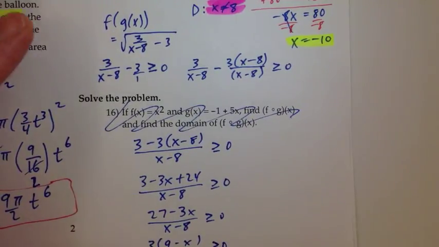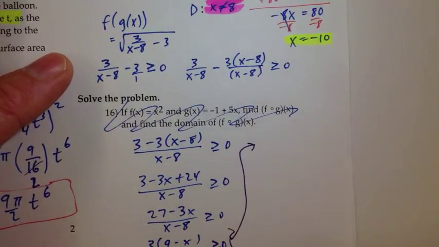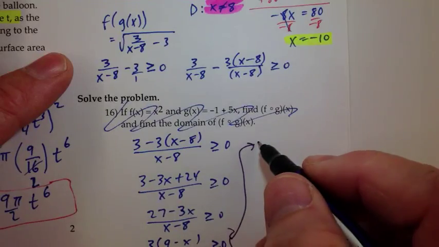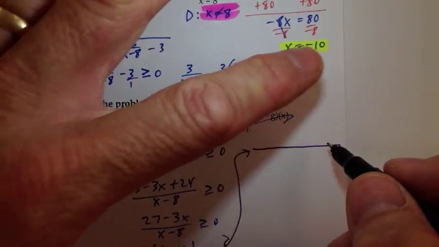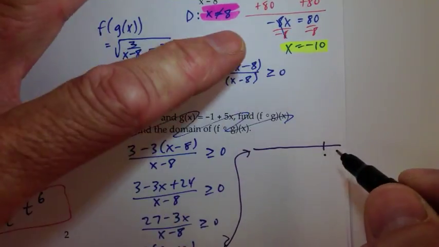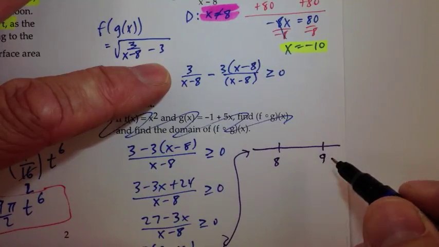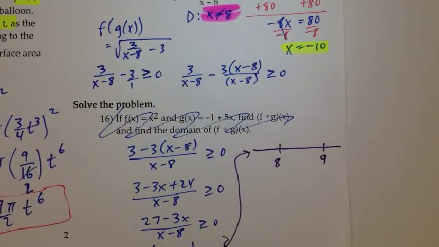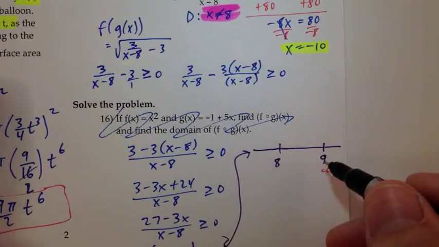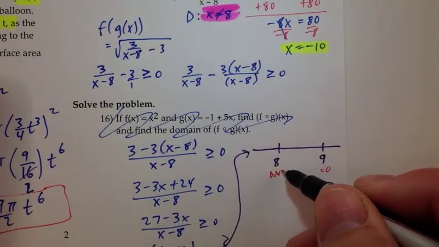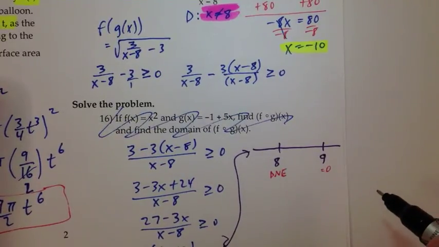Well, guess what? You're supposed to know now that you build a sign chart to determine this, and we have x equaling 8. Oops, let's put 8 here because we're going to have x equaling 9 as well. So 9 is what makes the numerator equal to 0, so that's a good value, but the 8, we already took that out.